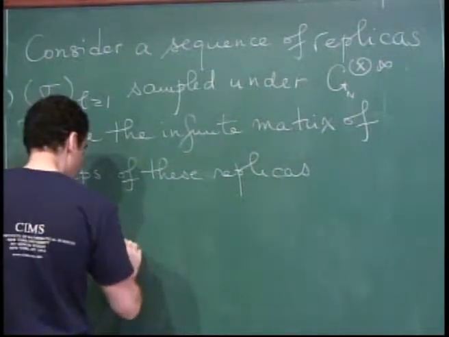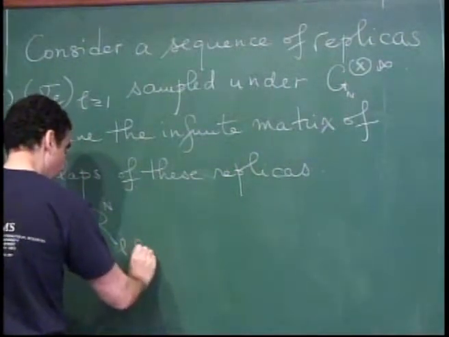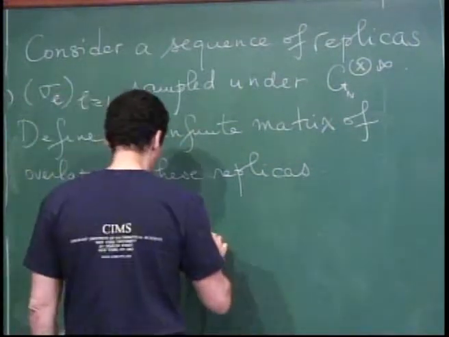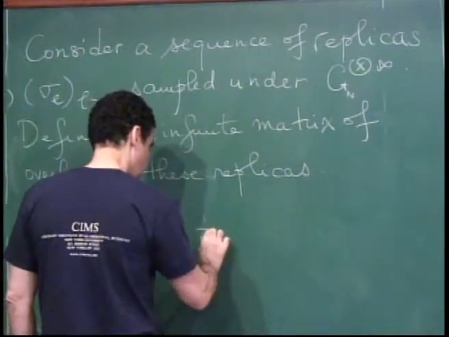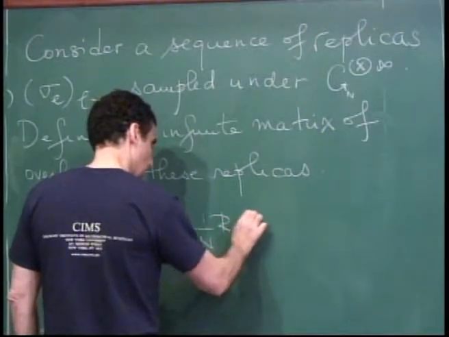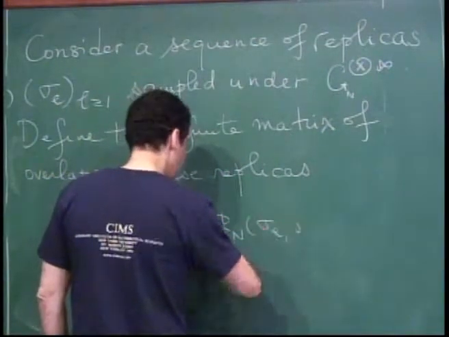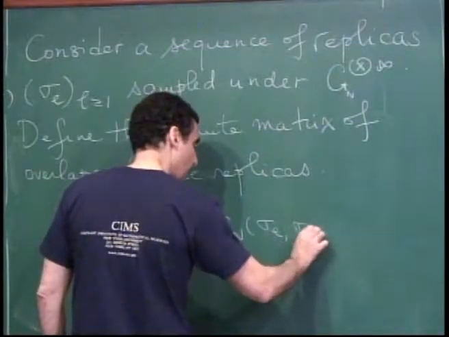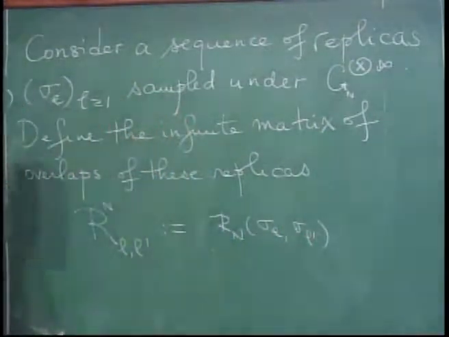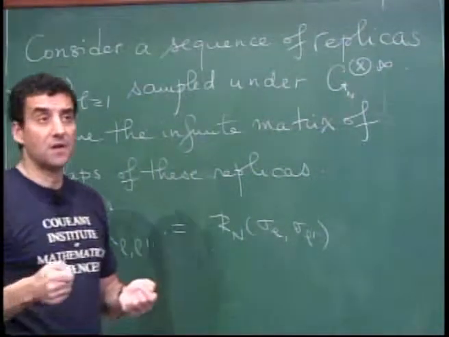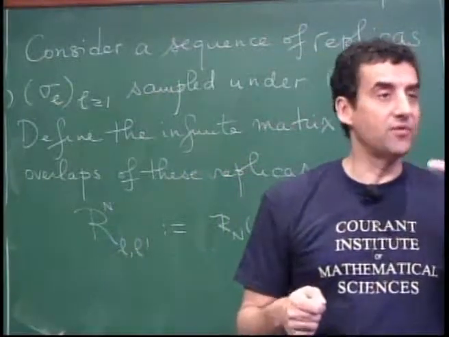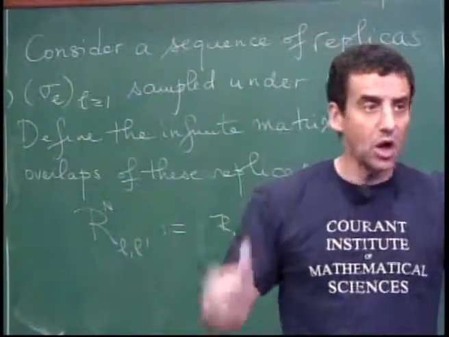This matrix R of L, L prime is defined to be the overlap of sigma L with sigma L prime. So now you have this collection of points on the vertices of the hypercube, and you look at their distances, if you want, or their overlaps. This creates a large matrix.